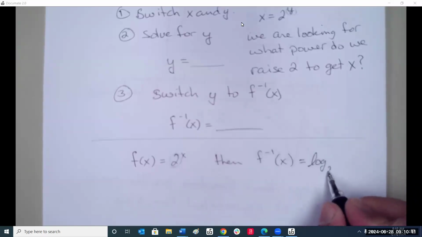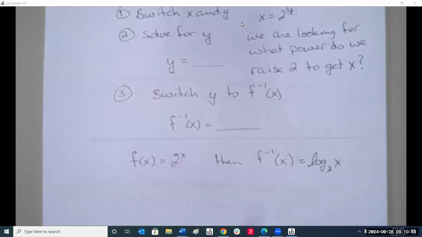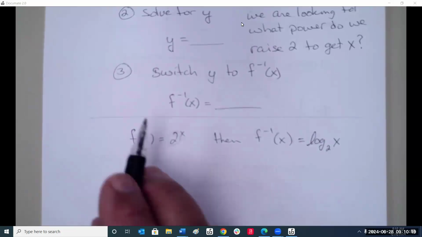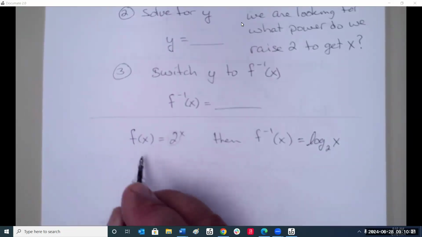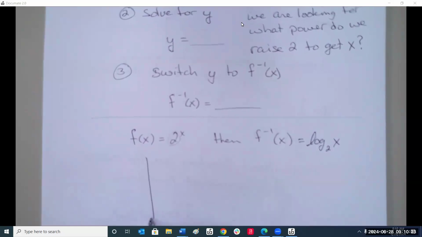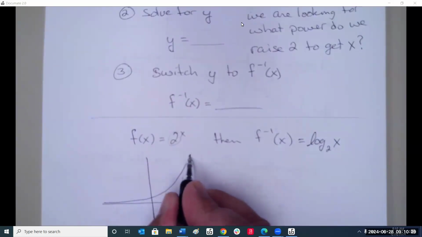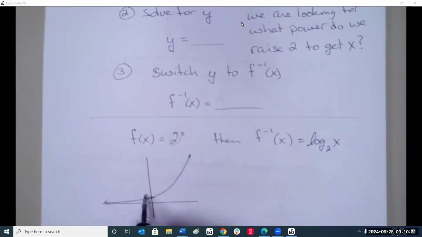There's the base, and there's my x. So the graph of this, we know the graph of this one is the 2 to the x function. It crosses 1.